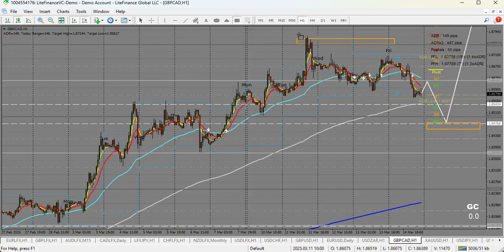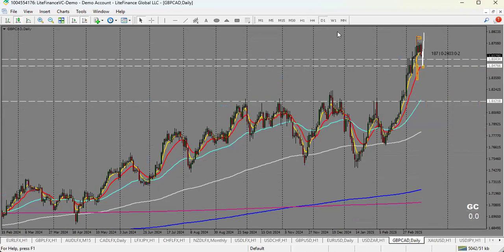Let me draw the ADR boxes and see how many pips it has moved so far. How much has it covered? 149. Okay, so this can go up to 3 times ADR.